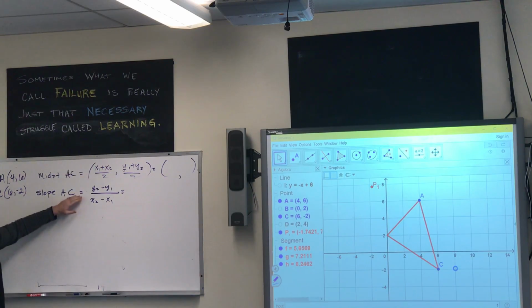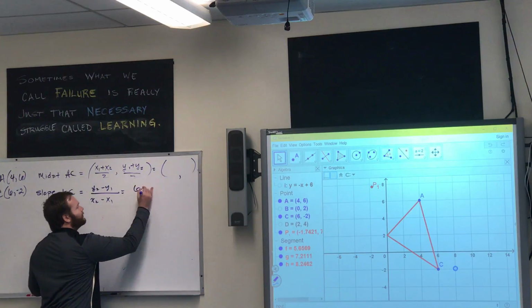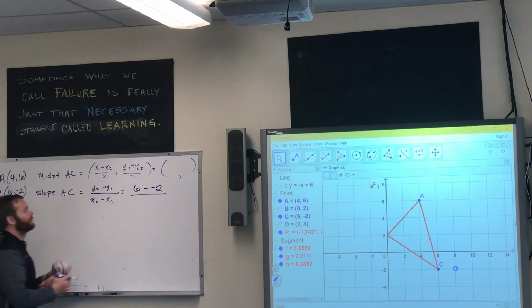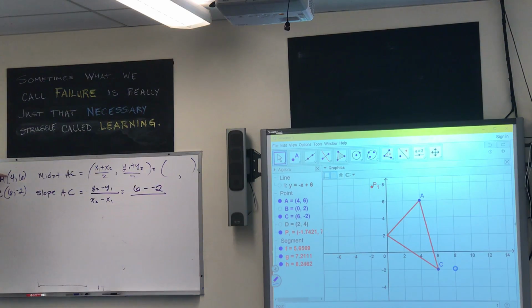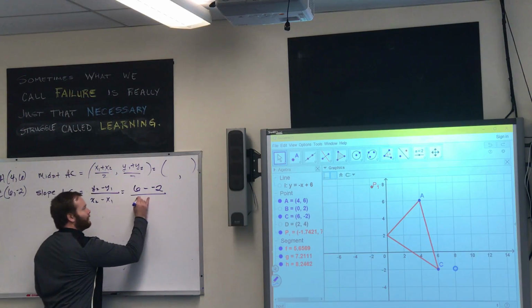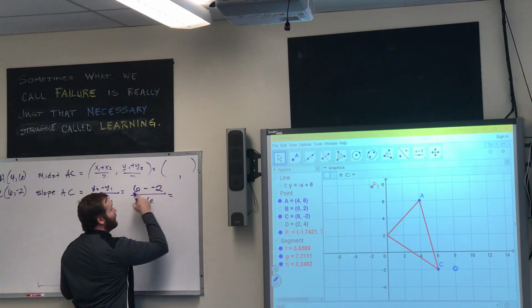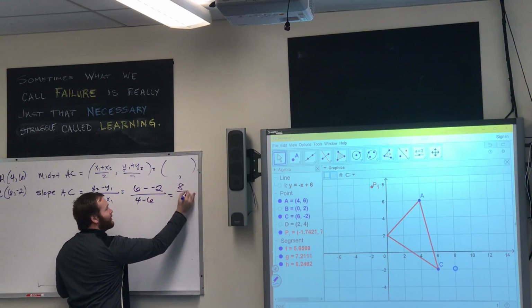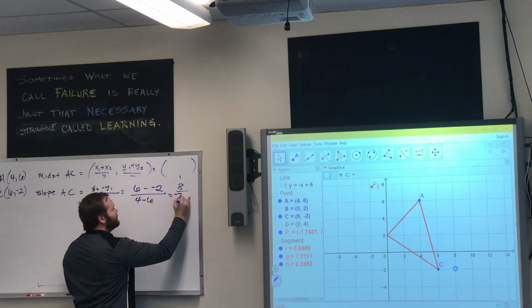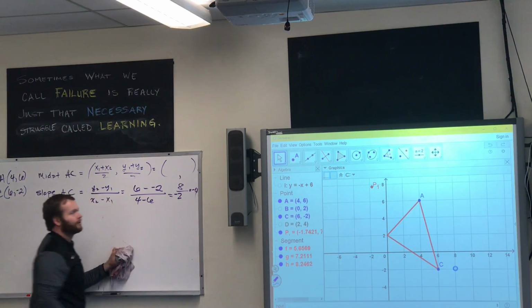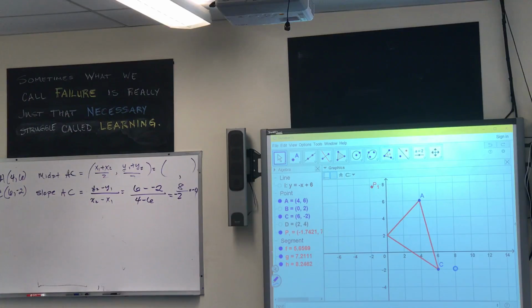All right, so the formula for slope is y2 minus y1, so 6 minus negative 2, and then x2 minus x1, so it's going to be 4 minus 6 on the bottom. Go ahead and do that. This becomes addition now, so we get 8 over negative 2. It's going to be negative 4. So the slope of AC is negative 4.